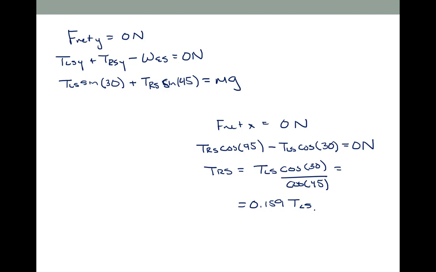I can now take this answer and plug it back into my y direction. So I have TL sine of 30. Sine of 30 is 1/2, so I'm going to put that in as a 0.5. Plus TR, which is 0.159 TL, times the sine of 45, which is 0.71.